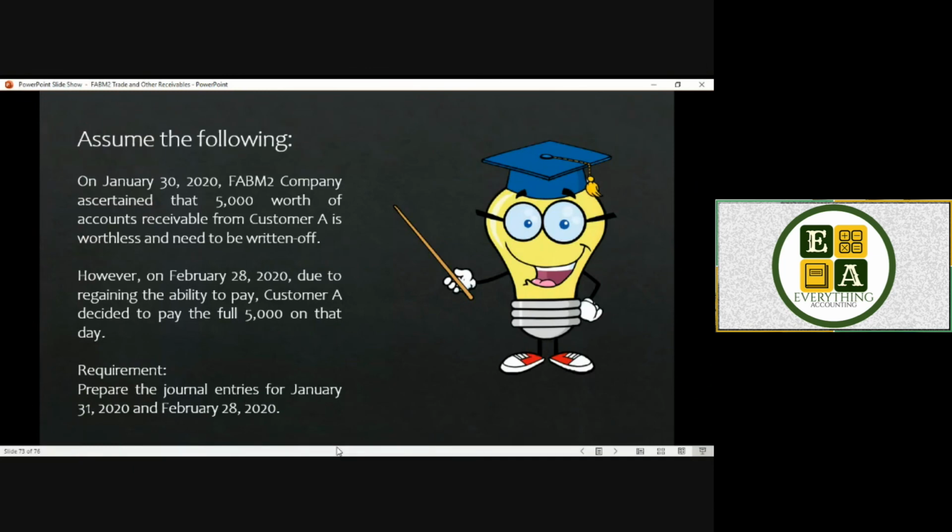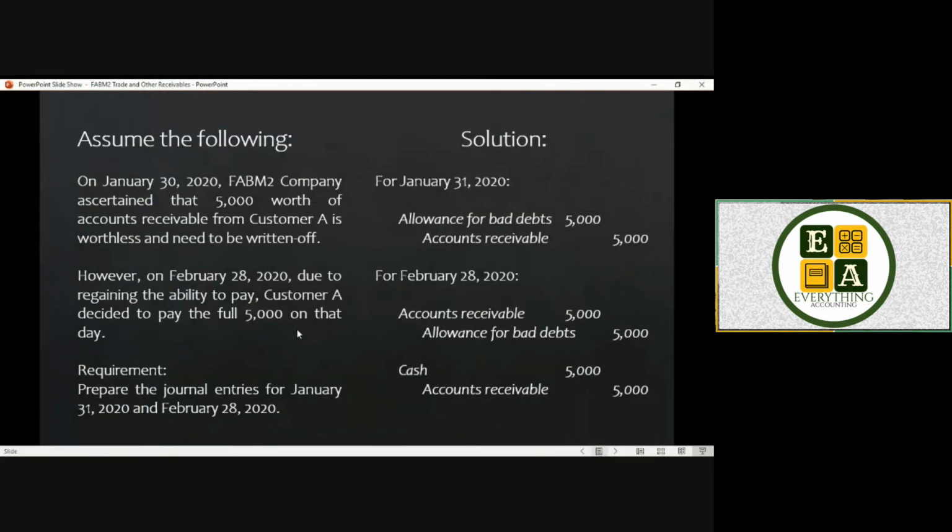Okay, so for January 31, at the end of January, our journal entry is to debit allowance for bad debt and credit accounts receivable. Dapat yung accounts receivable, actually meron pa yung dash customer A. Okay? So debit allowance for bad debts, 5,000, and credit accounts receivable, 5,000.